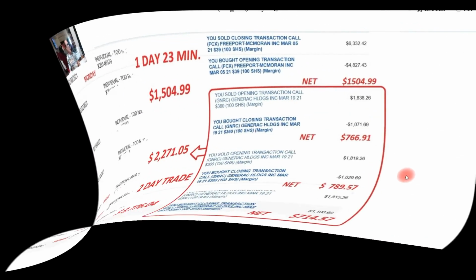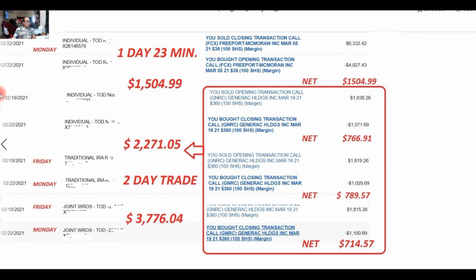Okay, right here now we got a multiple trade. We noticed that some of them on the 22nd and the 19th, but there are several days involved here, Friday through Monday. So we buy on Friday, and then we sell on Monday. So on the first one of them was 1 day, 23 minutes.